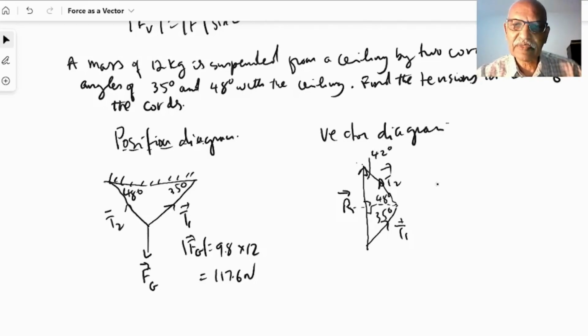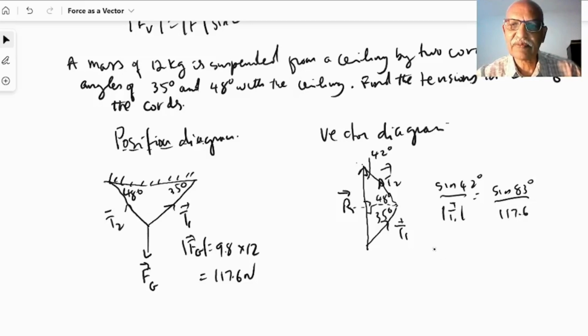Therefore, I say sine of 42 degrees over magnitude of T1 is equal to sine of 83 degrees, the whole angle here, 48 plus 35, over R. R we know is 117.6.